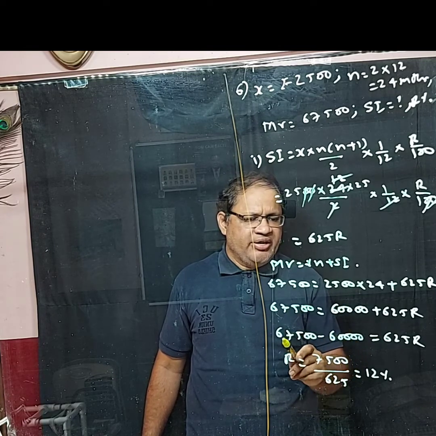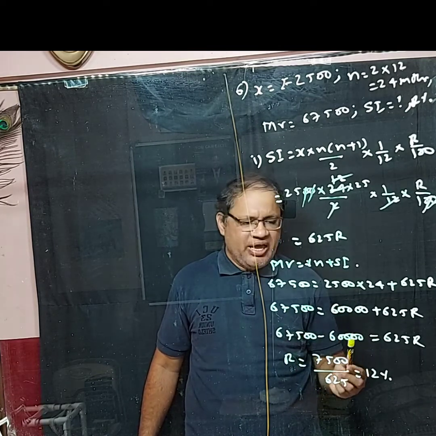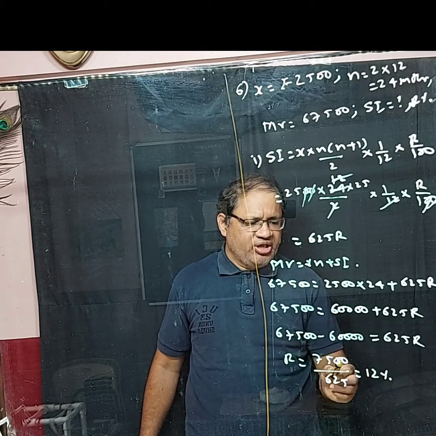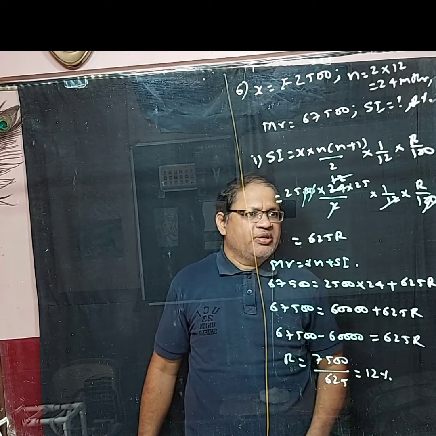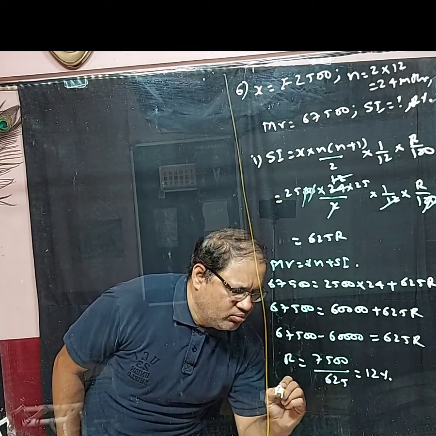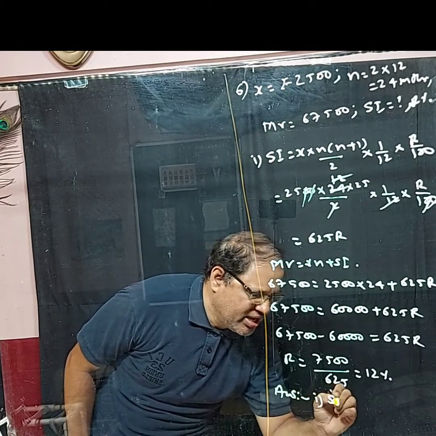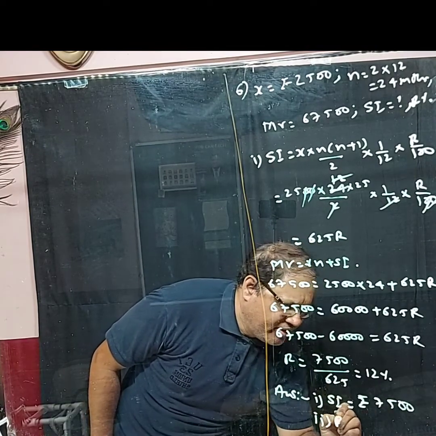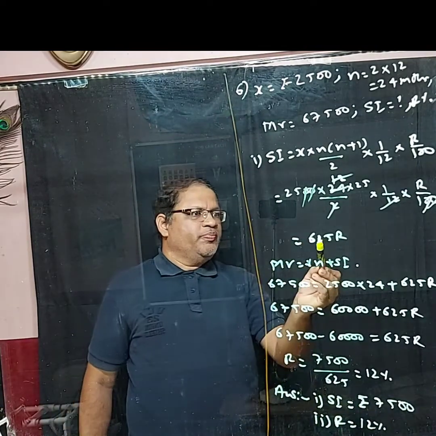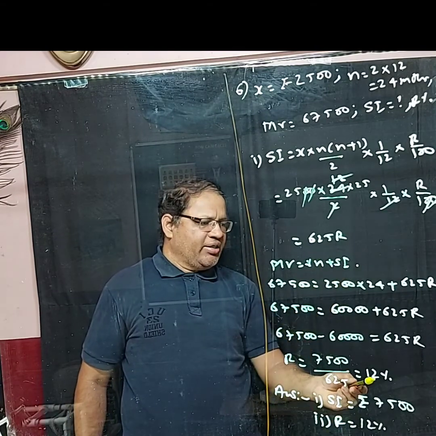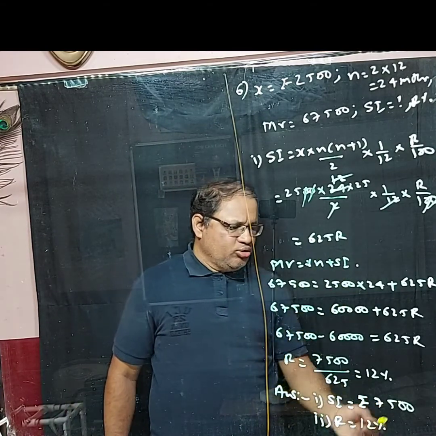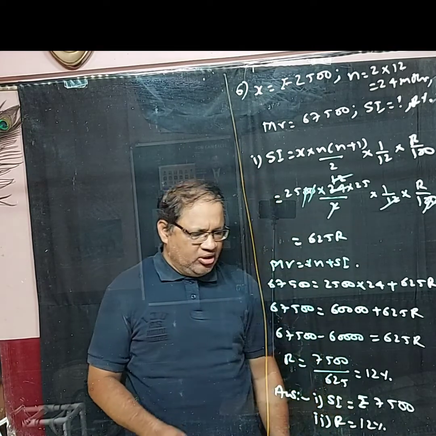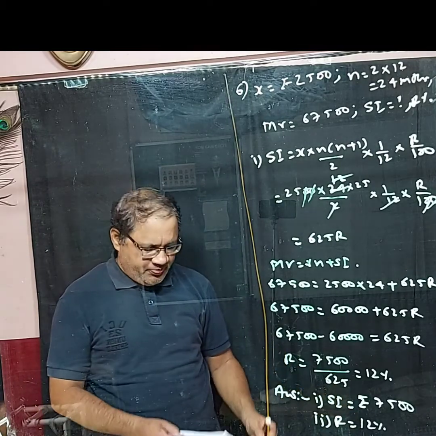Send 60,000 that side. When you subtract this both, you get the SI, that is 7,500. Then send 625 on the other side. 7,500 divided by 625 is 12%. So answer you have to write down. First part, SI is equal to rupees 7,500, and second part, rate is 12%. So SI is 625 into R, that is 625 into 12. That is how 7,500 came, or otherwise when you subtract this both, that also gives you the answer. Alright, so this is the way how you write the answer.